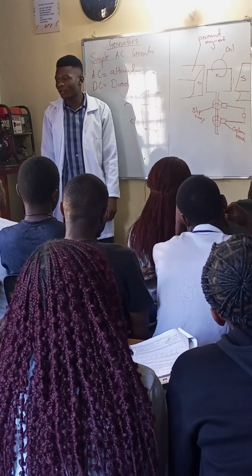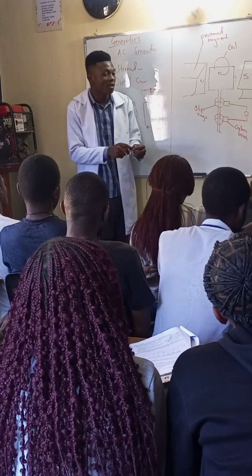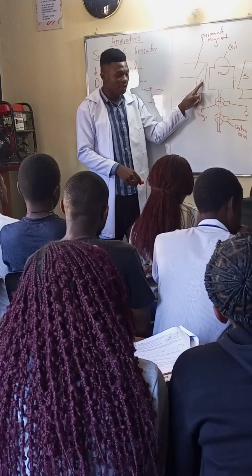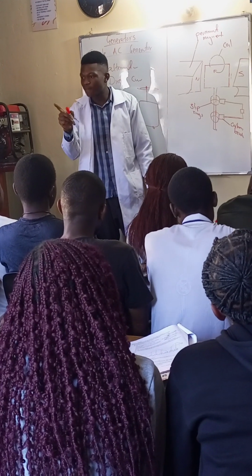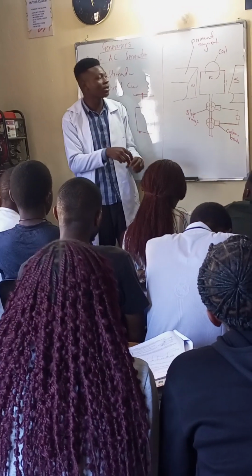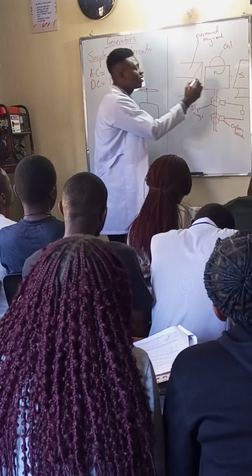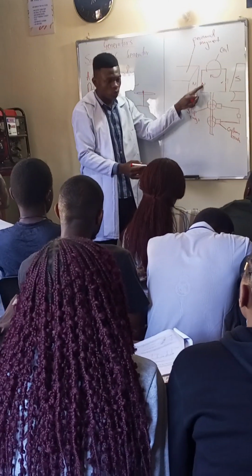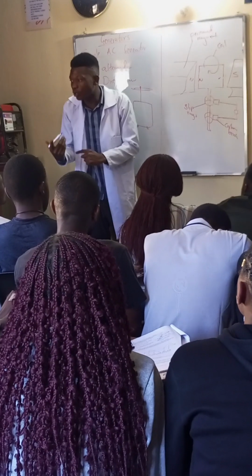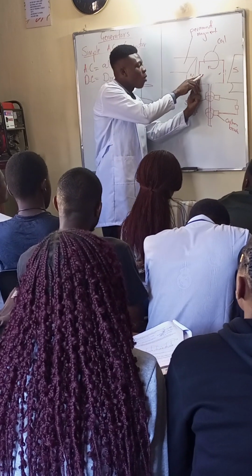What is around that? It works like this. See, there is north here, right? And there's south here. So that kind of thing is what they put inside. You'll find that here there will also be a north. So if it is north and north, what will happen? It will be repelled, right?